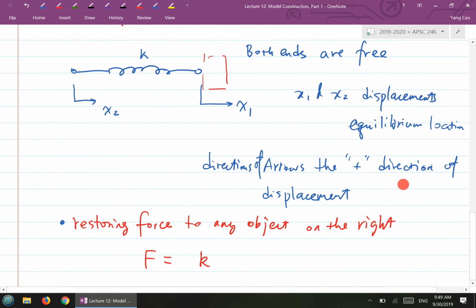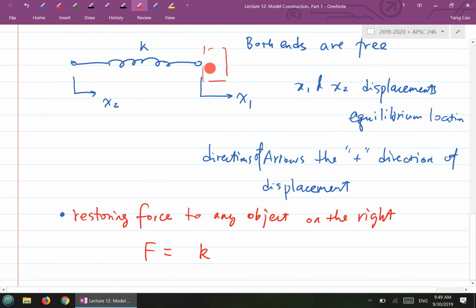So in this case, the restoring force on this end needs to be in the opposite direction of the displacement, and at the same time it has to be the net change of the spring length. So put a negative sign in front of it. That's the restoring force for an object attached to the right side.